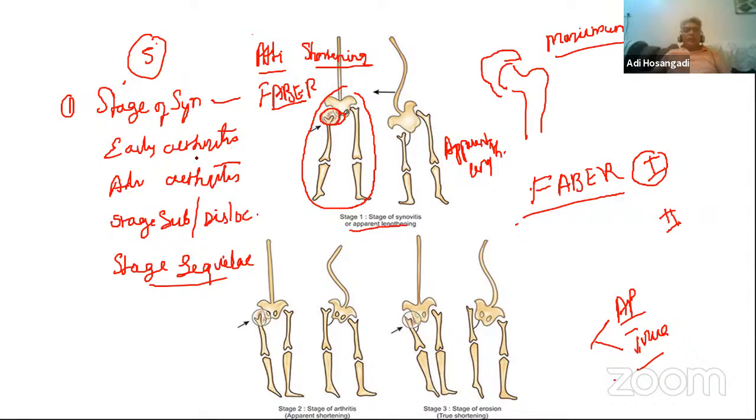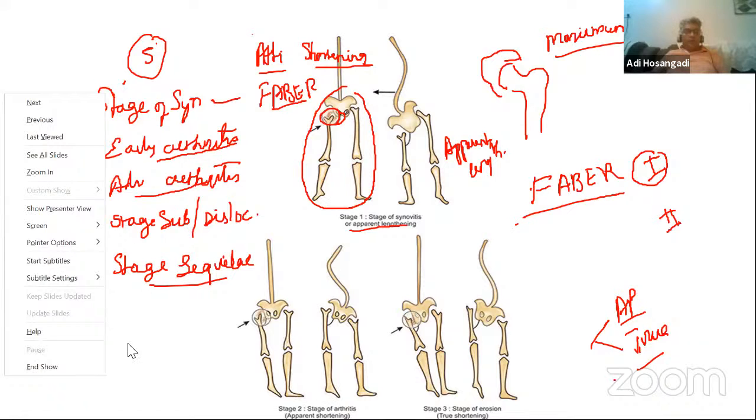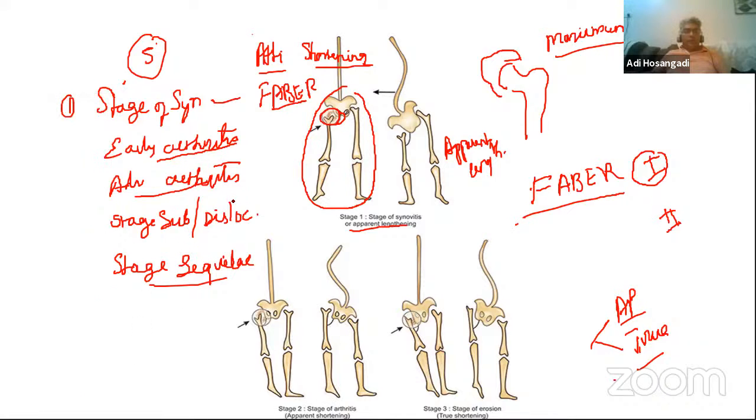So in the stage of early arthritis, what happens? One more important thing to remember: in the stage of synovitis, the movements are restricted only in the terminal 25%.